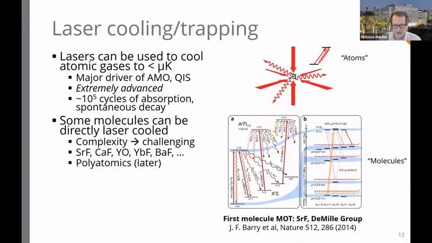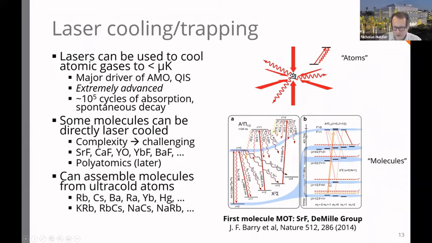Some molecules can be directly laser cooled, although even the simplest molecules that have a laser coolable structure are still really complicated and it's still very, very challenging. So molecular laser cooling is still a frontier. The first laser cooled and trapped molecule was only in 2014. Since then, a number of other diatomic and, later I'll talk about, polyatomic species have been laser cooled.